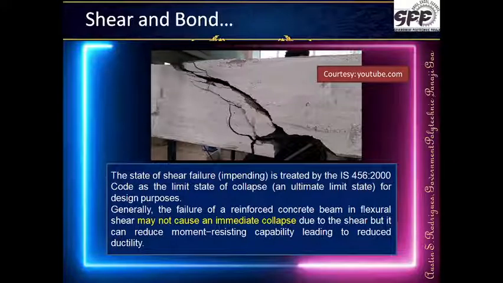Normally the member will not collapse because of shear immediately, but surely it can lead to reduced moment resisting capacity, its own capability may be reduced because of failure in shear. So what is the mechanism, we are going to deal with now further. So remember, because of shear we may not have immediate failure, but because of failure there could be reduced moment resisting capability. Now that can be dangerous.